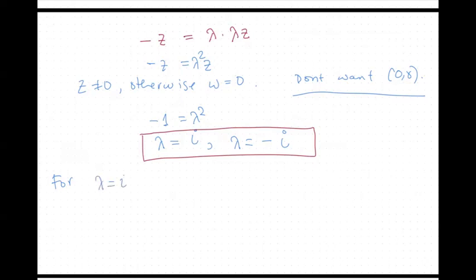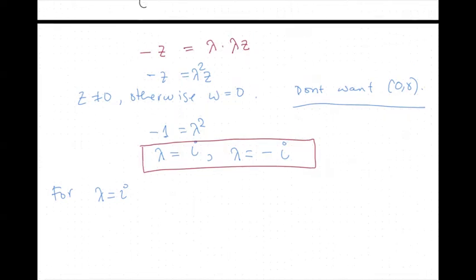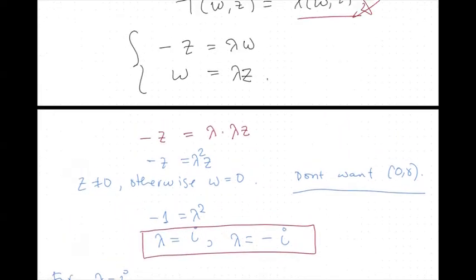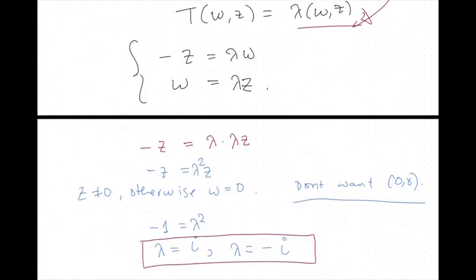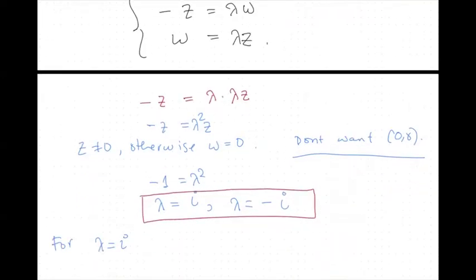Now for each eigenvalue, for lambda equal to i, we want to find the corresponding eigenvector.